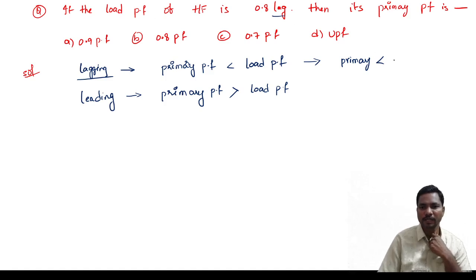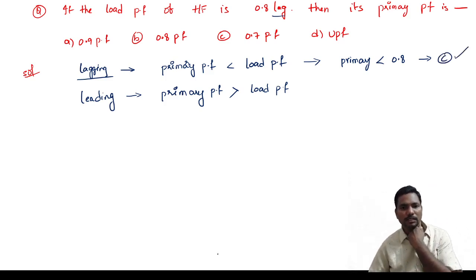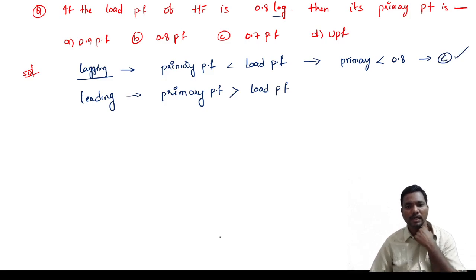Load power factor is given as 0.8, so less than 0.8. How many options do we have? Only one option, so C is the answer. In case of leading, it may be greater than 0.8, then you have two options.